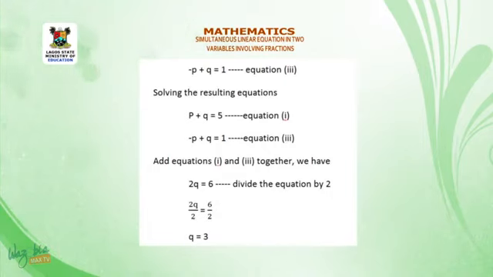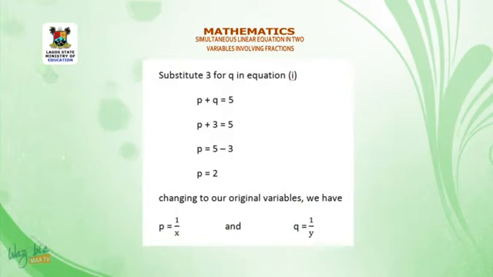We have 2Q is equal to 6. Divide the equation by 2. 2Q over 2 is equal to 6 over 2. Q is equal to 3.